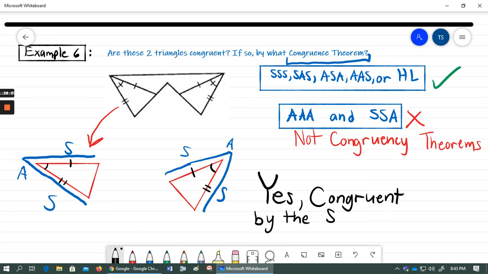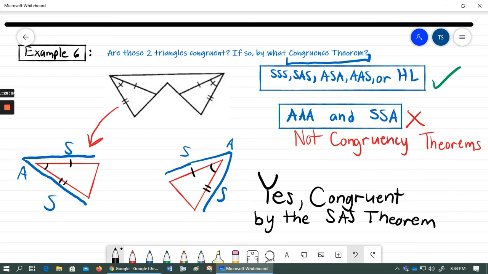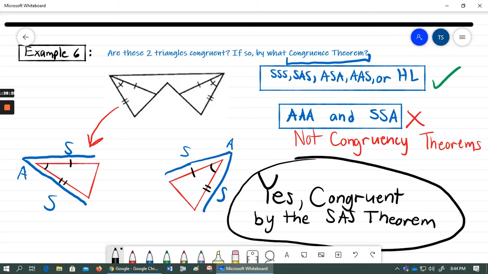Yes, they are, by that theorem. No doubt in my mind that they're congruent. None whatsoever.